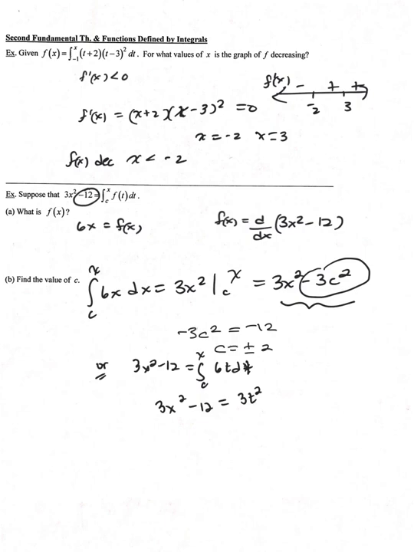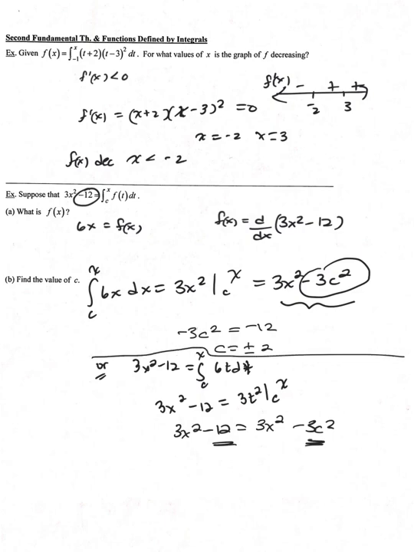I just got the antiderivative from c to x. So you could say 3x squared minus 12 equals 3x squared minus 3c squared. It may be easier for some of you to see that, then when you solve for c, you get plus or minus 2, because these 3x squareds would cancel out.